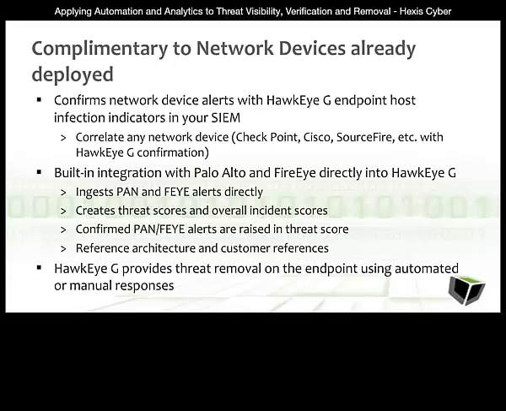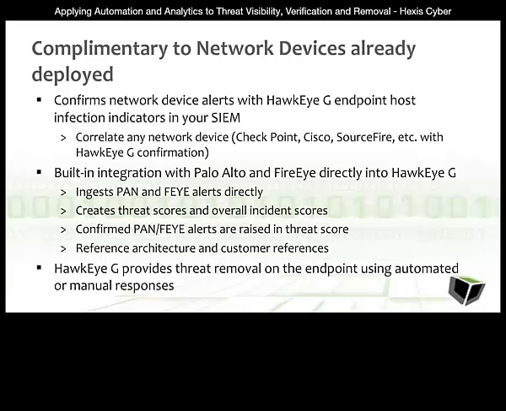So if you already have devices like Checkpoint or Cisco or SourceFire, we confirm those by pushing what HawkEye G sees on the real-time endpoint. We push it into your SIEM, and you can use your SIEM to correlate our HawkEye G endpoint indicators with your network indicators. So out of the box, deploy host sensors, push syslog into your SIEM. You can see what's happening on the endpoint that the network devices saw or actually missed.